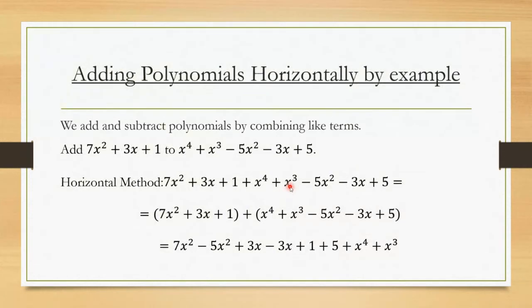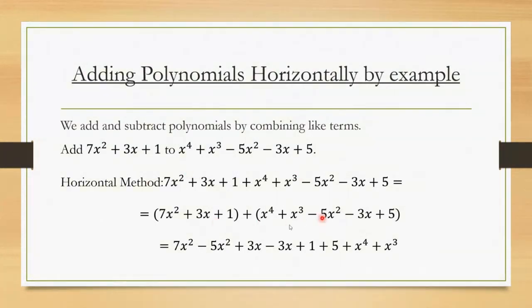So basically, both methods are best demonstrated by example. So what I'm going to do now is demonstrate it. For the horizontal method, again, it really just boils down to finding like terms and combining them. Okay, so let's add this polynomial to this one.